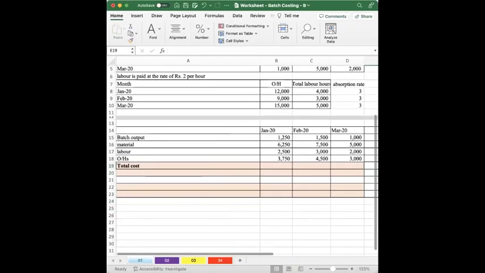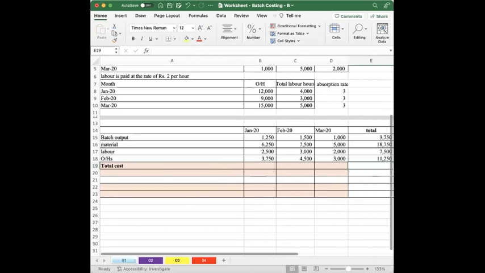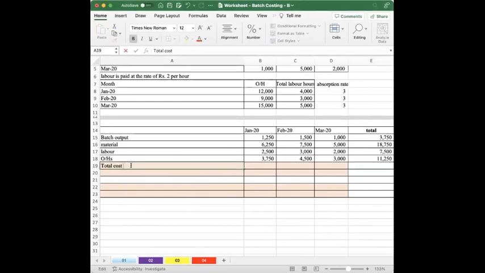Now let's find out the total cost. How do you find out the total cost? I told you we need to take the summation of material cost, labor cost, and overhead costs, right?